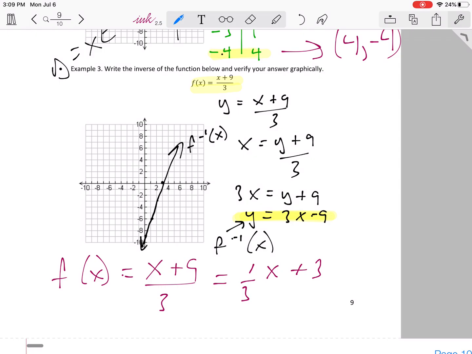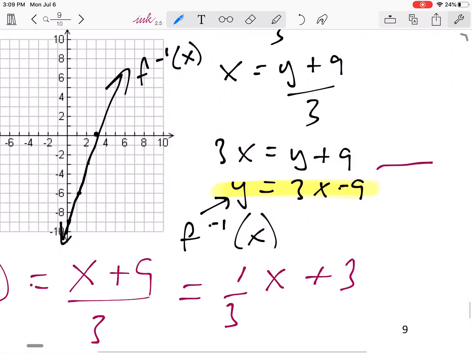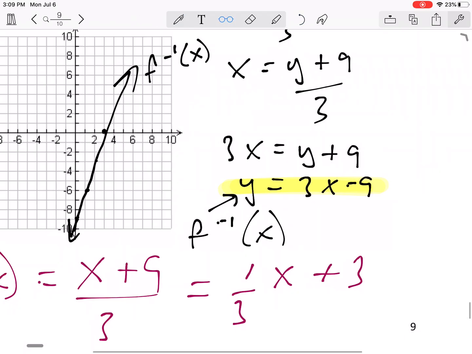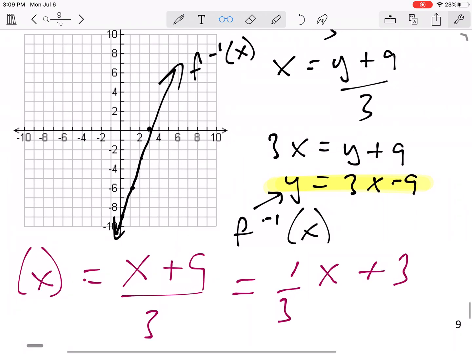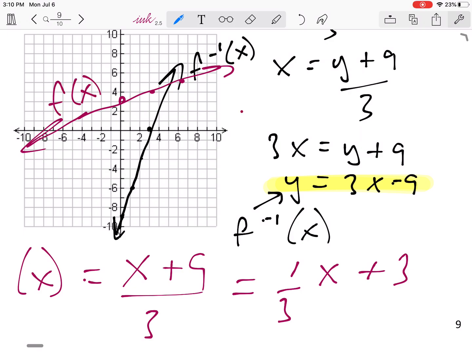So here your y-intercept is going to be 3, and then your slope is 1 over 3. So that means you go up 1 and you go to the right 3. Okay, and this is your regular function.